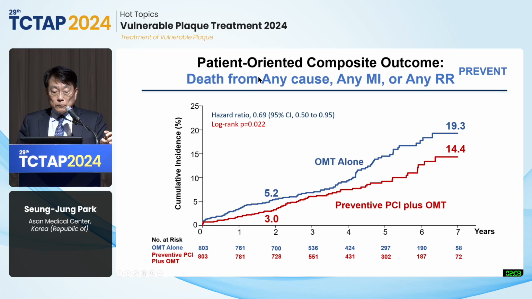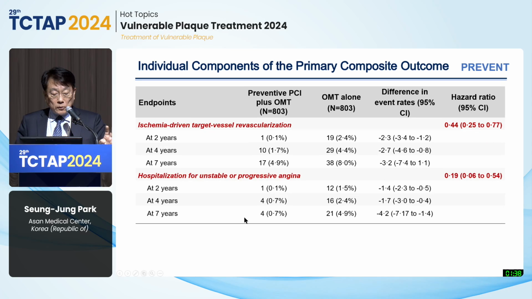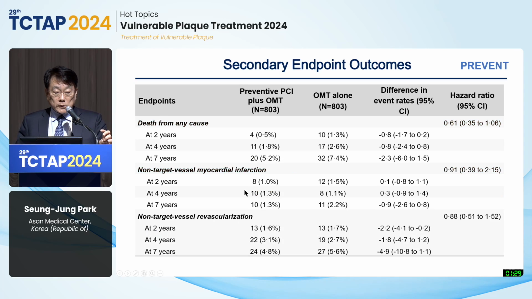For the patient-oriented composite outcome, from any cause death, any MI, any repeat revascularization, there was a statistically significant difference. Preventive PCI is clearly better than optimal medical treatment. Looking at the individual components of the primary composite outcome, cardiac death, no difference. Target vessel-related MI, no difference. The main difference is ischemia-driven target vessel revascularization and hospitalization for unstable or progressive angina.